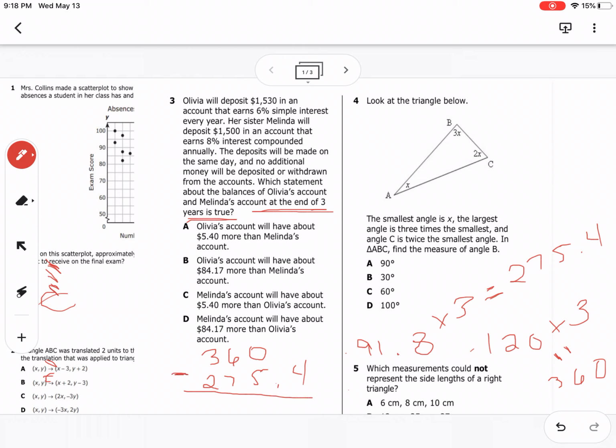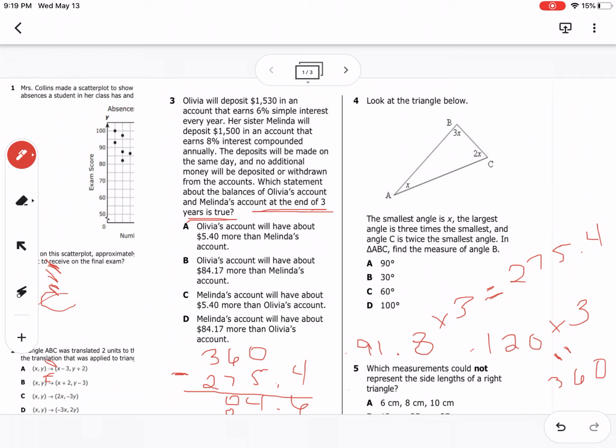So we have 360 minus 275.4, which is 84.6.